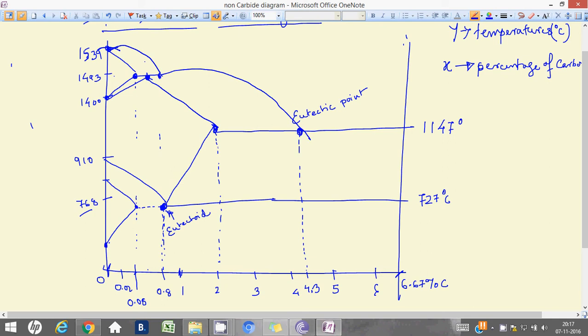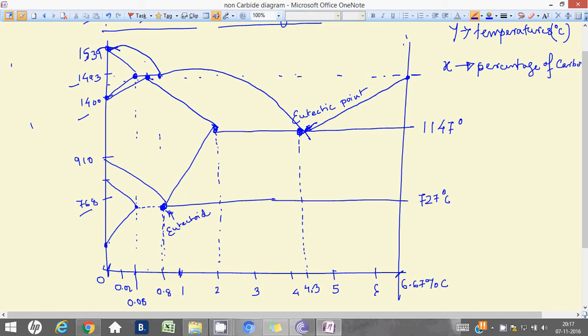And from that point we will draw a straight line up to this y-axis, but this temperature will be in between 1493 and 1400. So if we take a certain temperature in between, it will be right here. So it will be a straight line. Okay, so this is the actual diagram with the lines graphically represented.